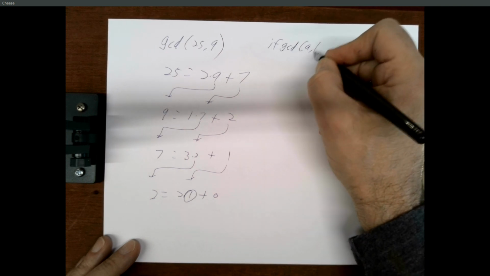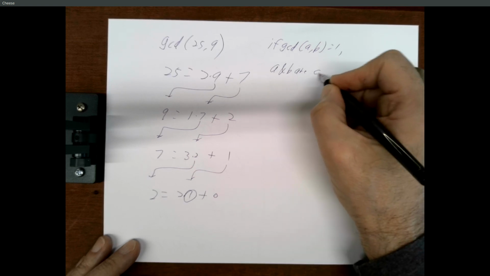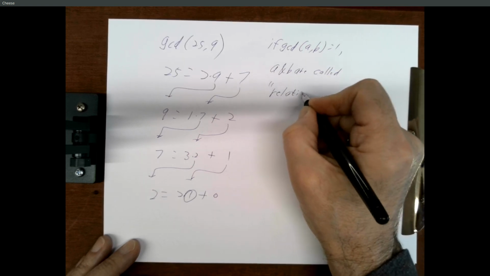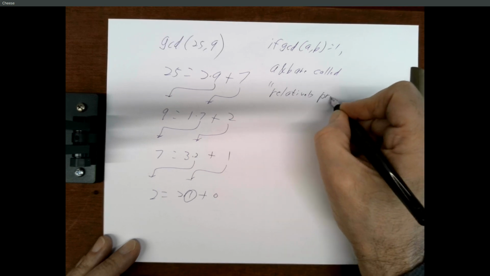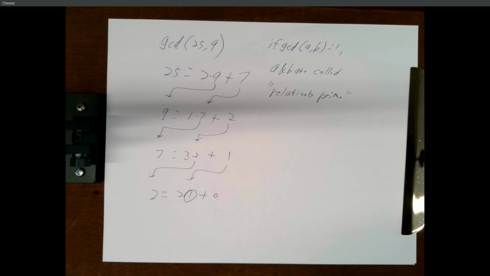If the GCD of A and B equals 1, A and B are called relatively prime. They're not necessarily prime in the full-on prime sense, but with respect to each other, they have no factors in common other than 1. And relatively prime numbers will be important later.